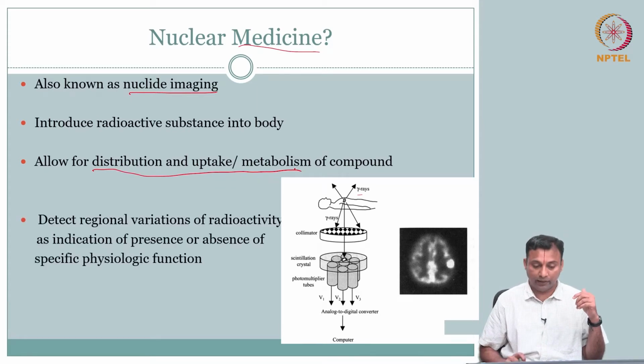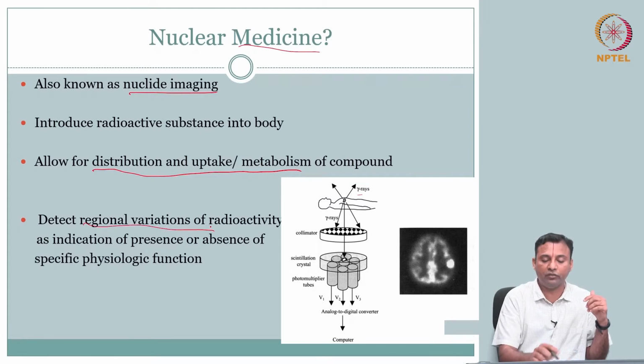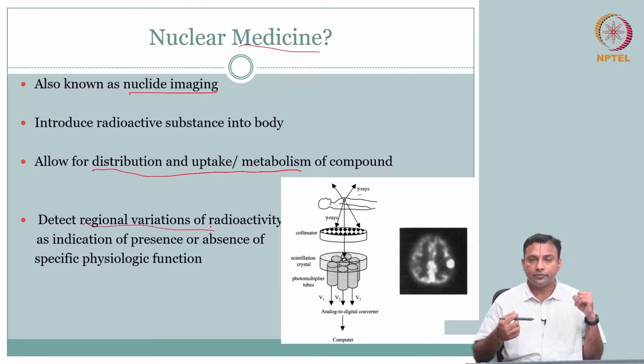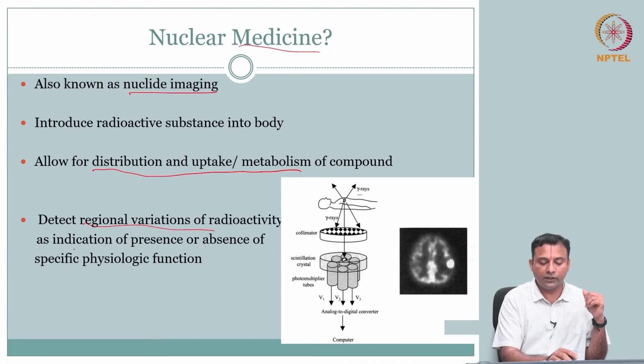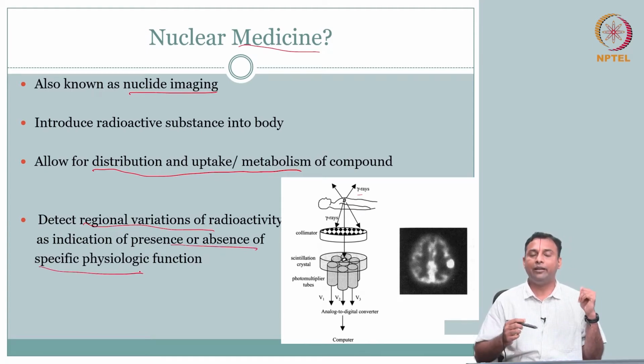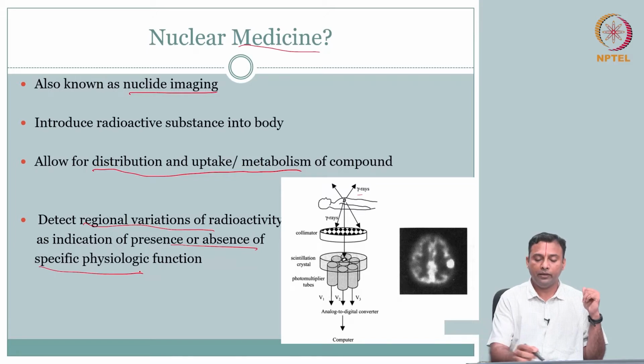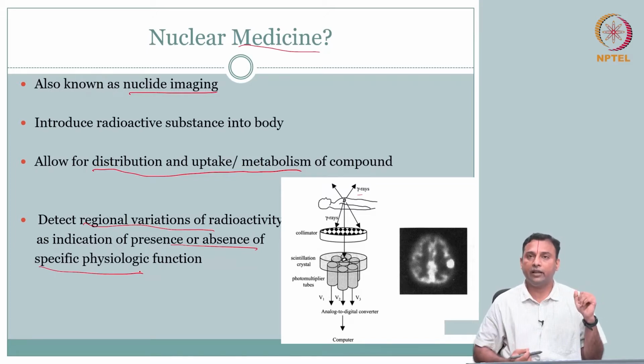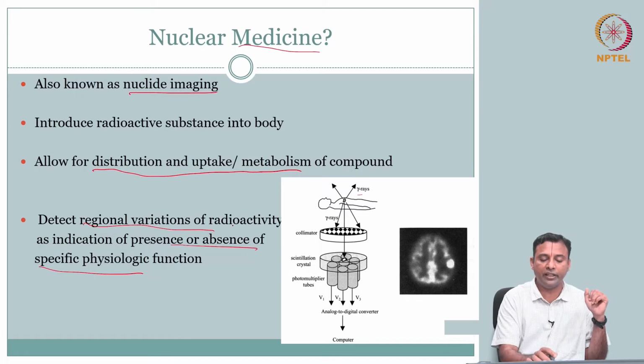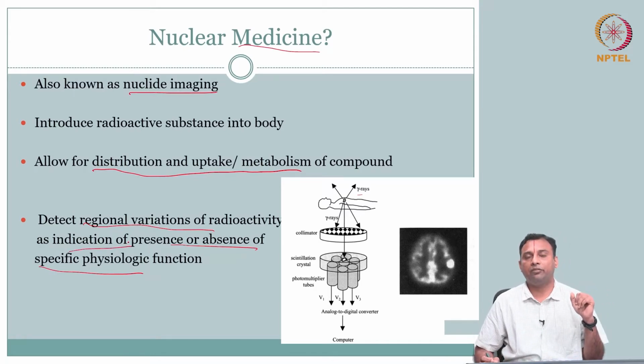After that, you detect the regional variation of this activity, right? And the idea is the presence or absence of any activity can be tracked by the variation in the uptake, right. So detect regional variations of radioactivity as an indication of presence or absence of a physiological function.